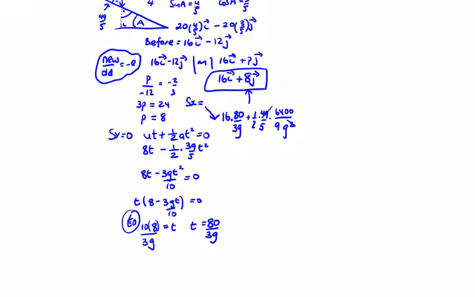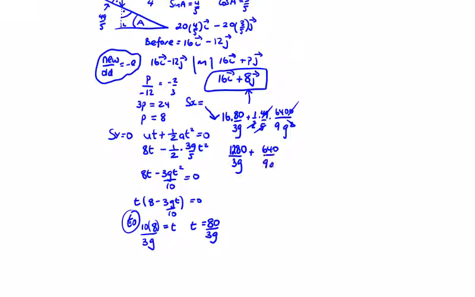That one and that one cancel. We have 16 times 80 over 3g. 16 times 8 is 128, so 1280 over 3g, plus 2 times 5 is 10, which would knock a 0 off. So that looks like 640 over 9g.